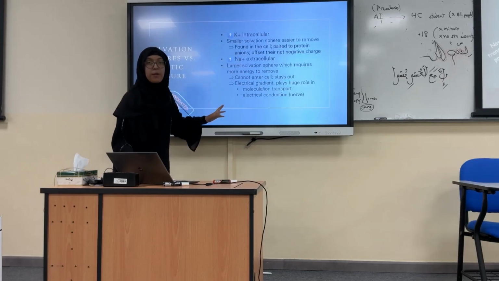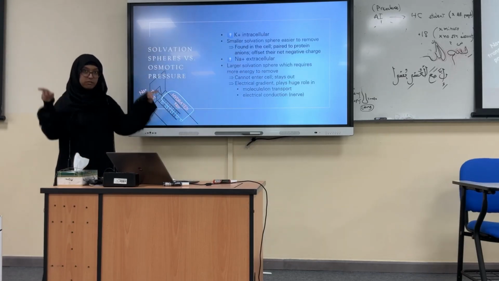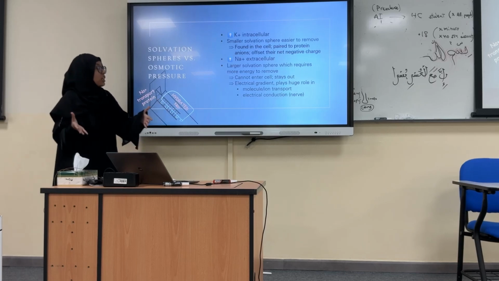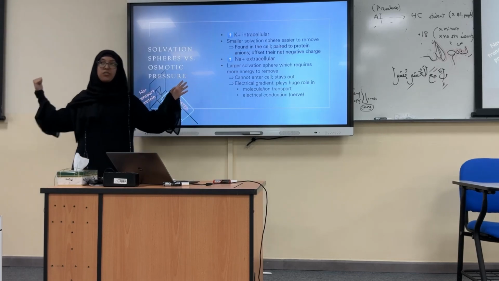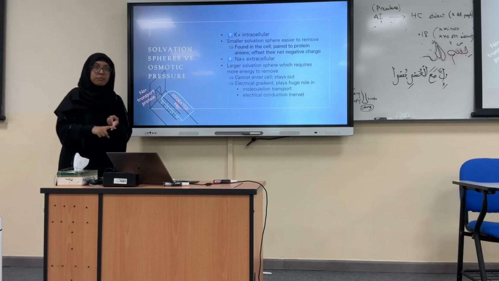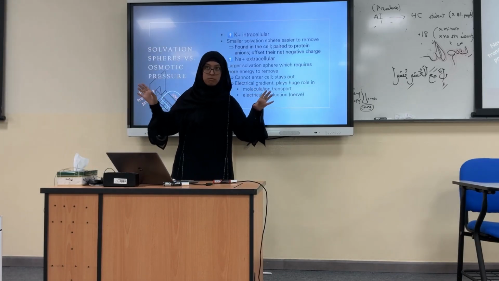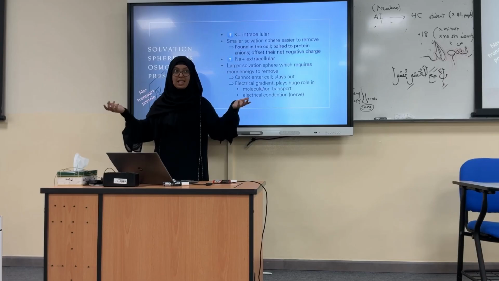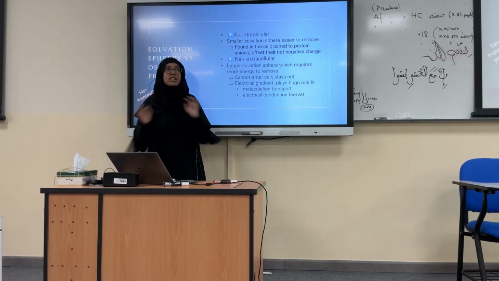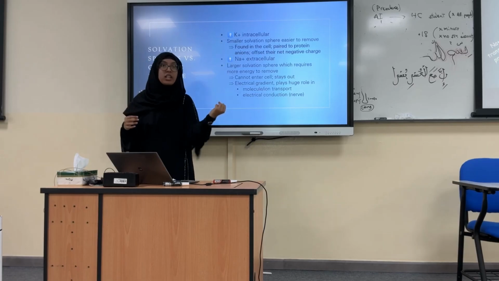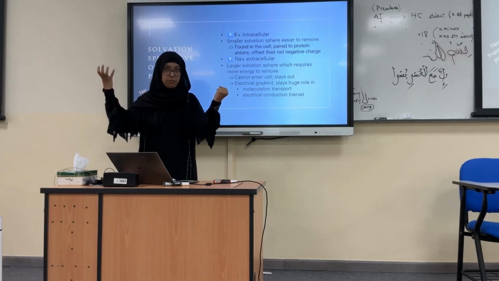So what is that process going on in the cell membrane that is preventing the movement of particular ions? This takes us back to the solvation sphere, right? Sodium has the same charge as potassium? Plus. It's not 2 plus, it's not 3 plus. So same charge. But sodium, we should know, is a smaller ion than potassium.